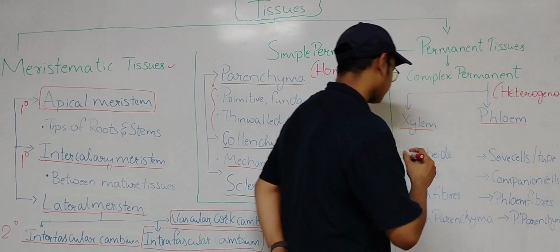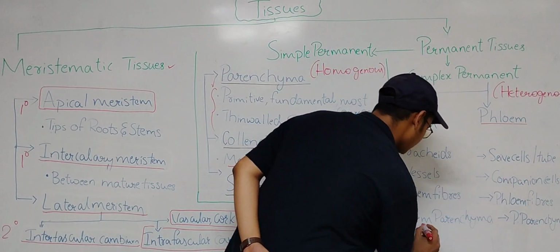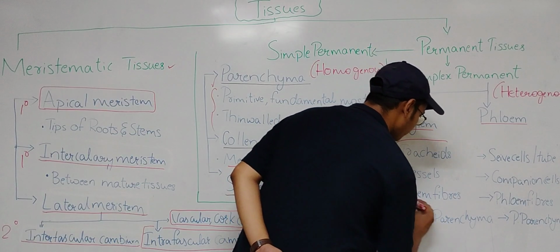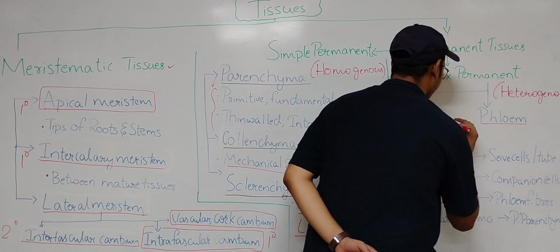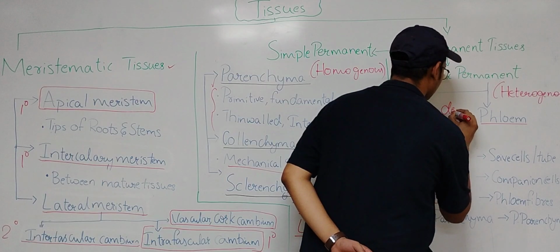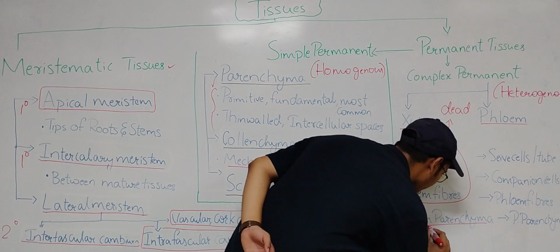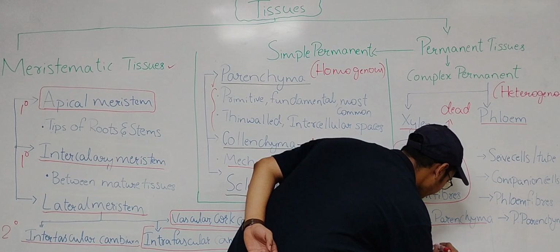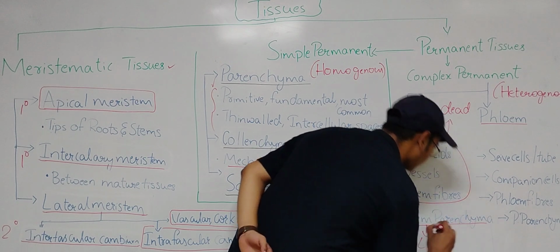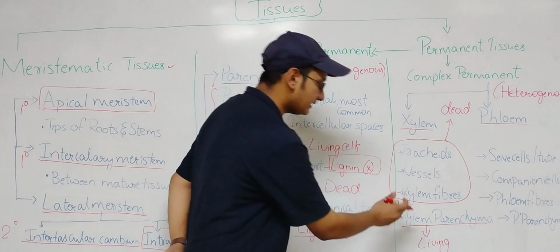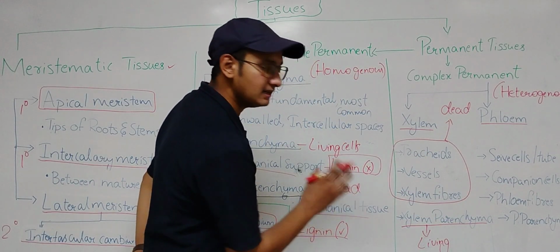In xylem, the tracheids, vessels and xylem fibers are dead elements, and only the xylem parenchyma is a living element.